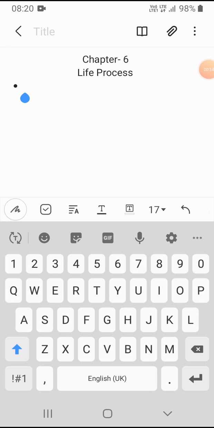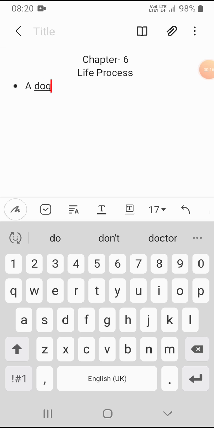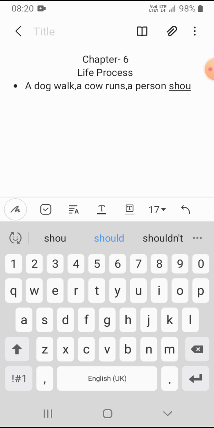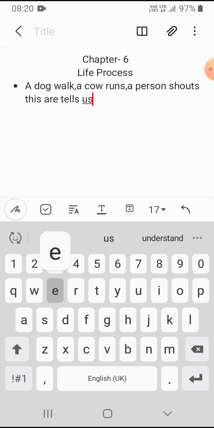A dog walks, a cow runs, or a person speaks or shouts. These all tell us they are living.